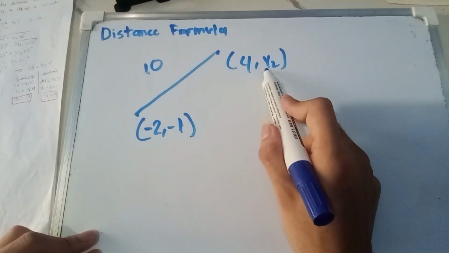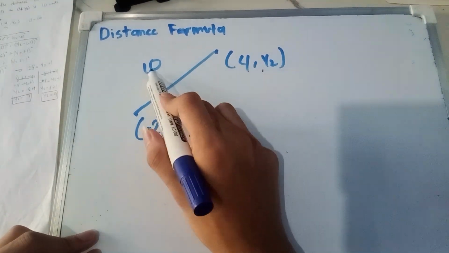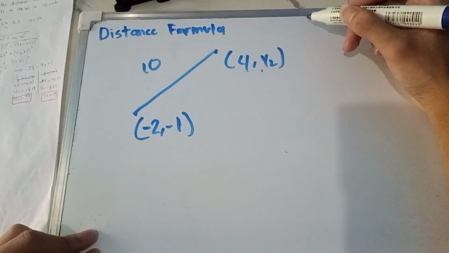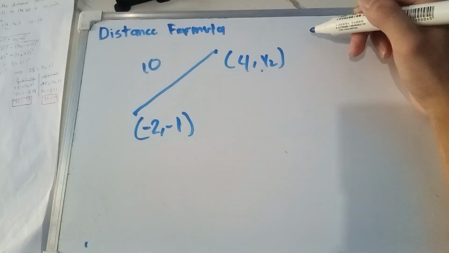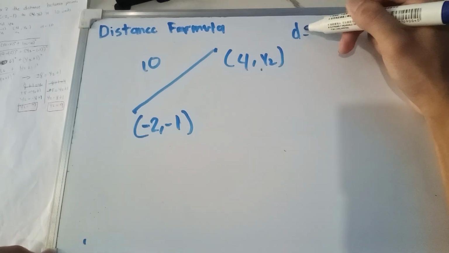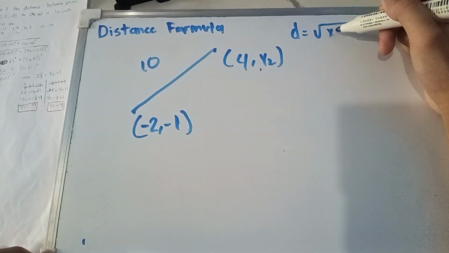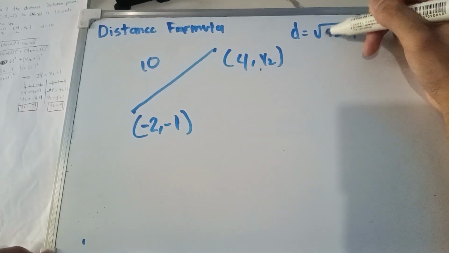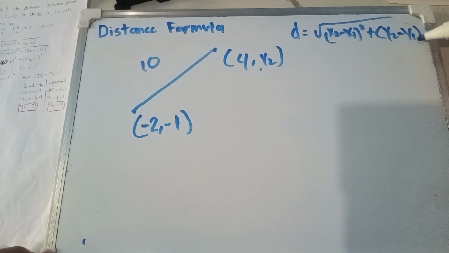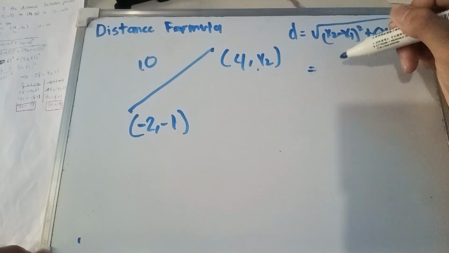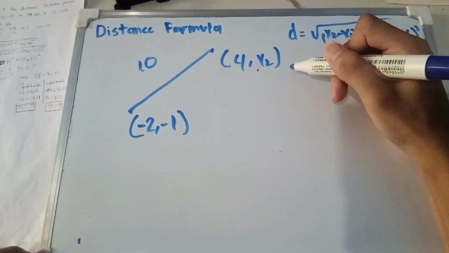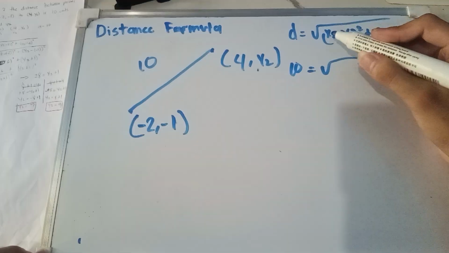So how do we find this unknown value with the distance given? So again, we will use the distance formula. So d is equal to the square root of x sub 2 minus x sub 1 squared plus y sub 2 minus y sub 1 squared, and d is represented as 10 units.